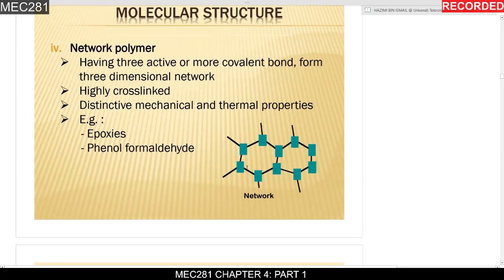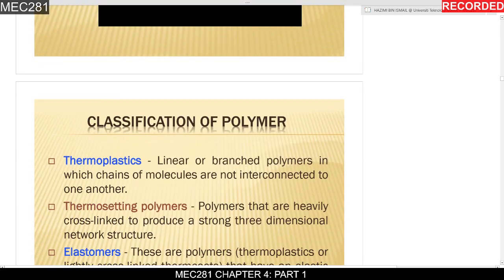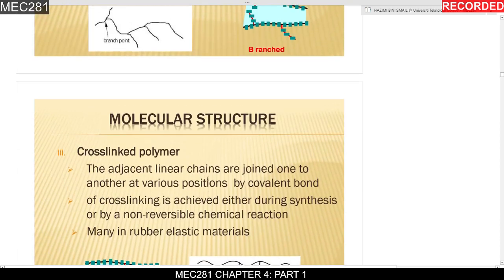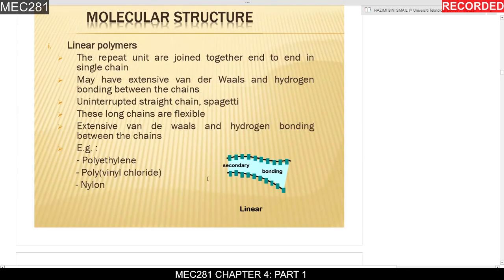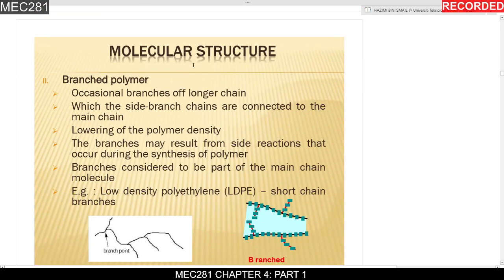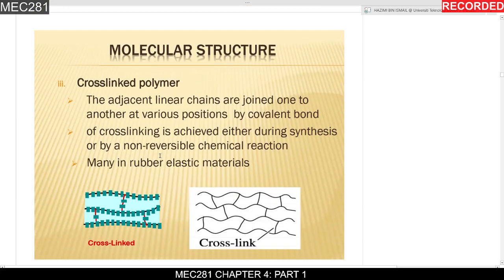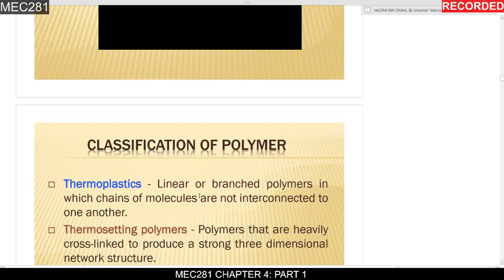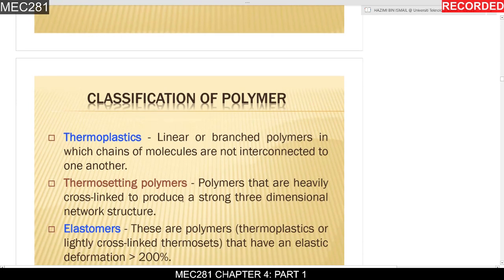So basically, thermoplastics have low strength compared to thermosetting polymers.